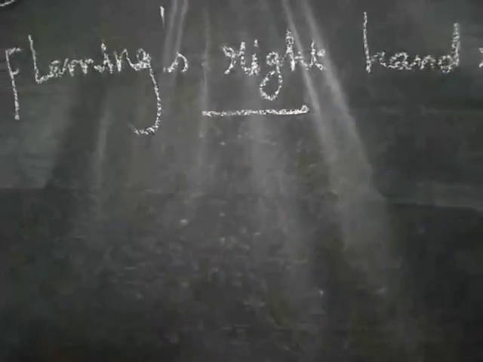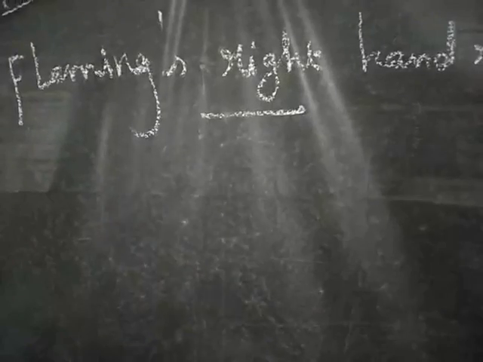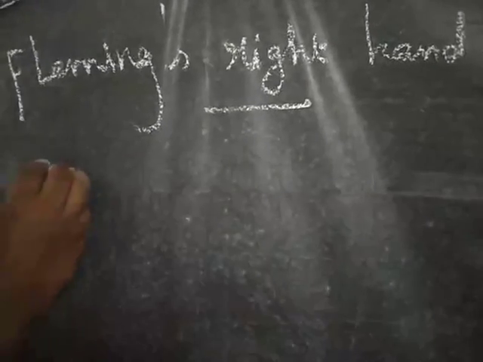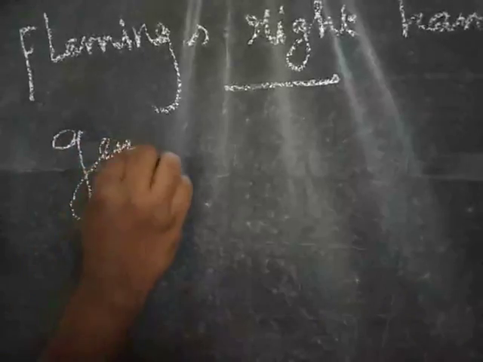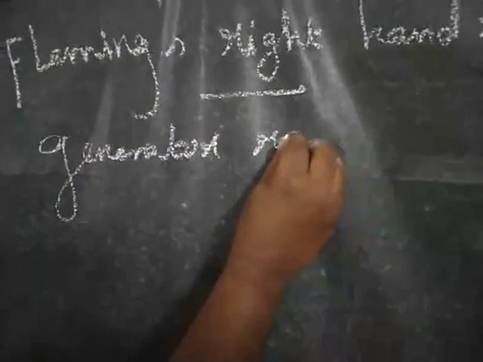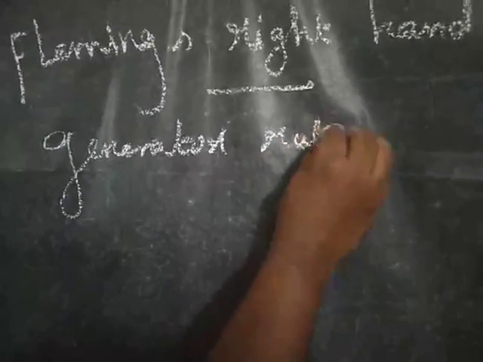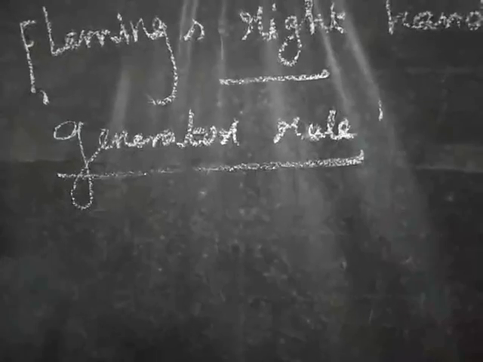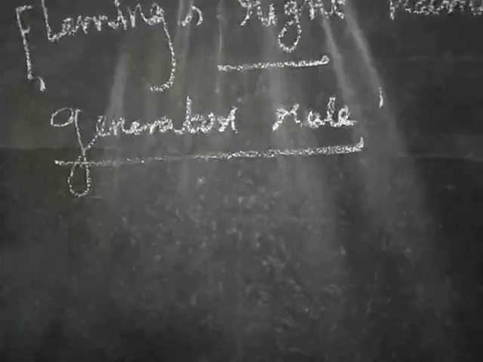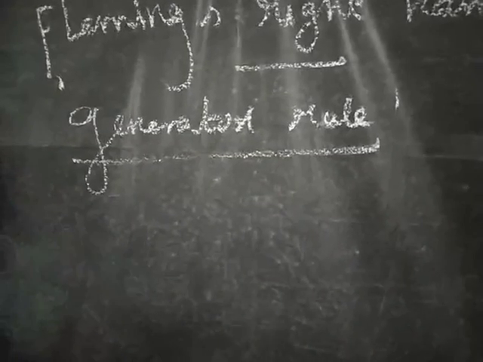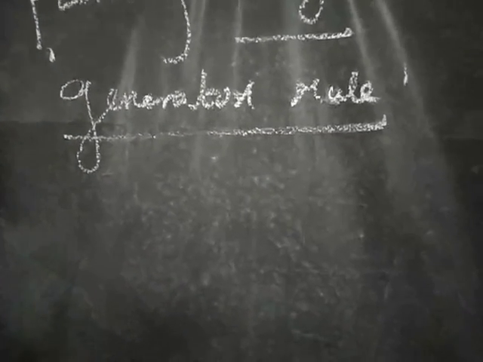Fleming's right hand rule is otherwise known as the generator rule.